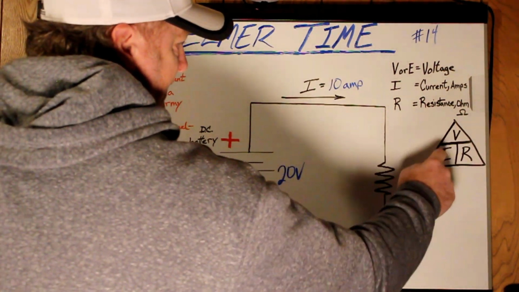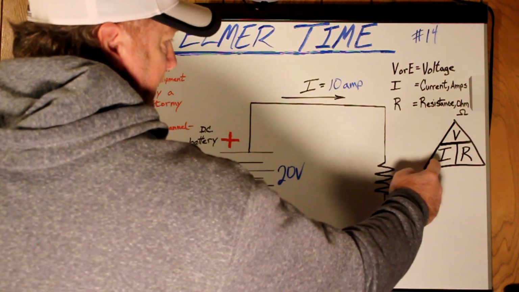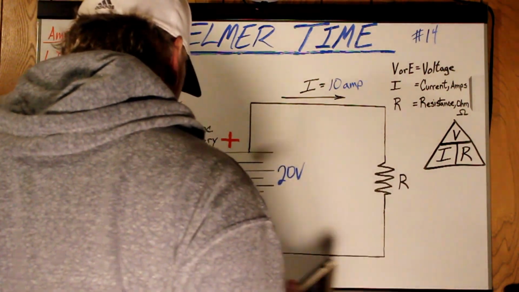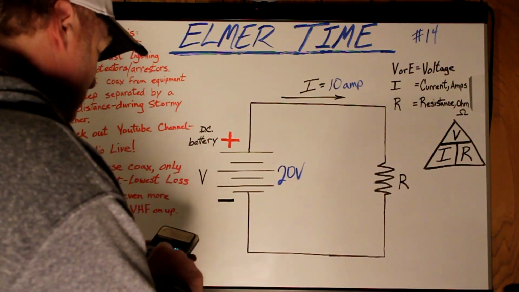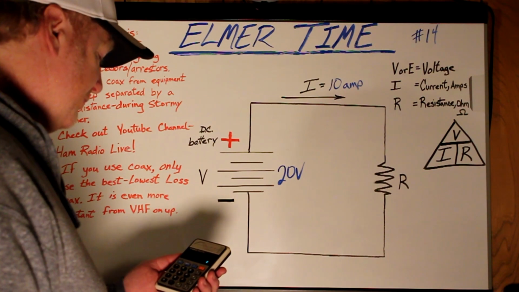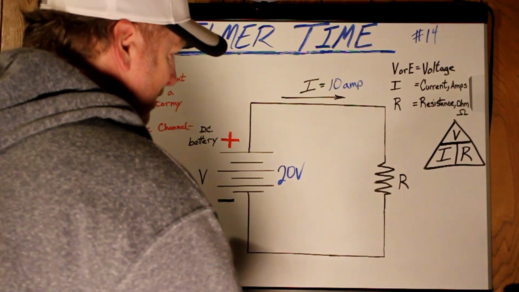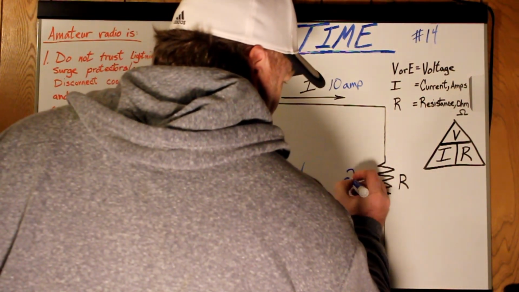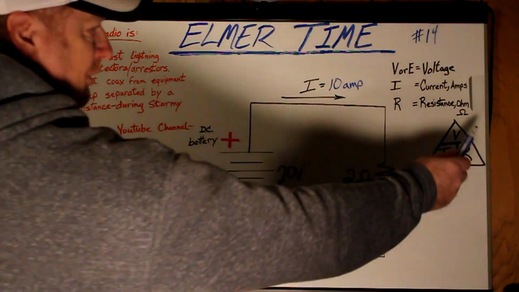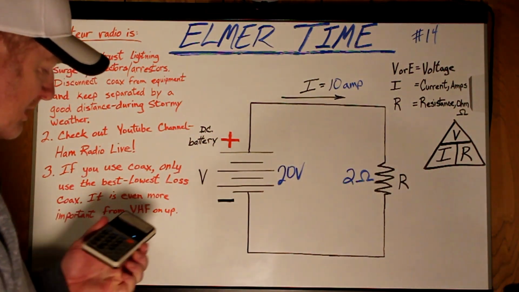V and I. So again, 20 volts, 10 amps. We're looking for the resistance value. So what do? 20 divided by 10 equals 2. So R in this case would be 2 ohms. See, ohms are ohms. It's a measure of resistance.